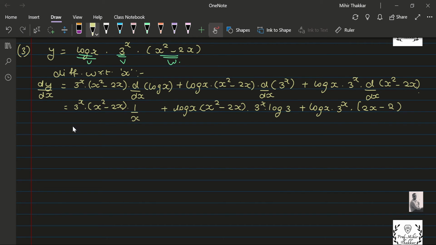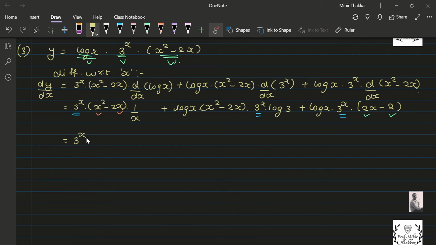So in order to simplify, what I can do is I can take out 3 raised to x common from all the 3 terms over here, and in the first term I will take out x common so that the denominator can be cancelled off, and in the last term I will take out this 2 common because I have 2x minus 2, so I can simplify by writing it like this.